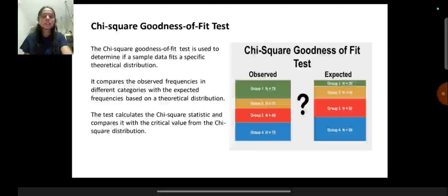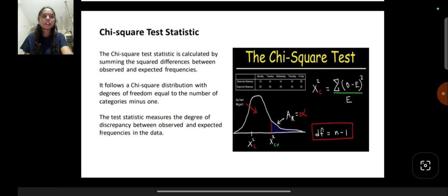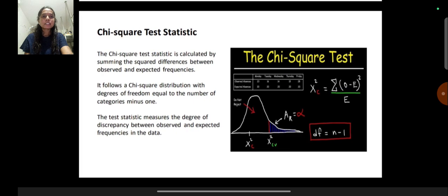The test calculates the chi-square statistic and compares it with the critical value from the chi-square distribution. This is about the chi-square goodness of fit test, and you can see the example of chi-square goodness of fit test. And chi-square test statistic.